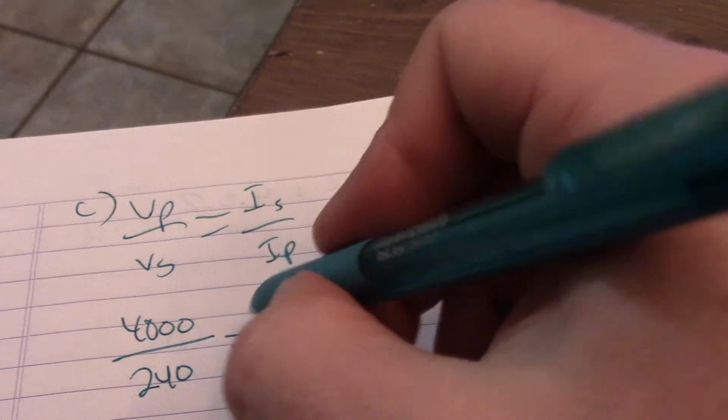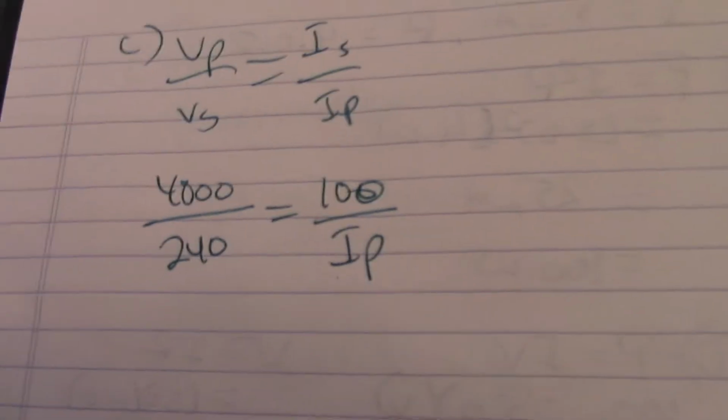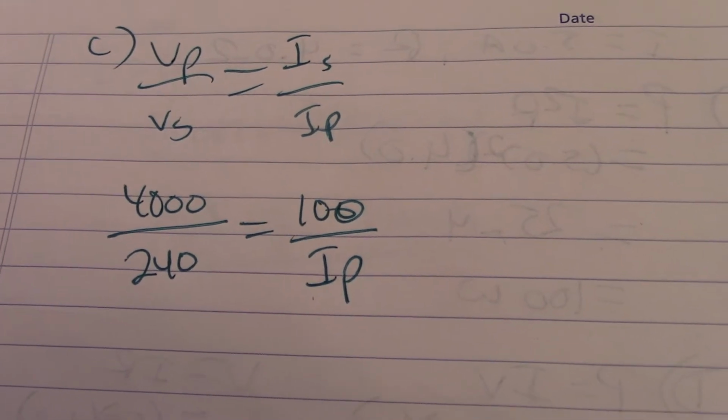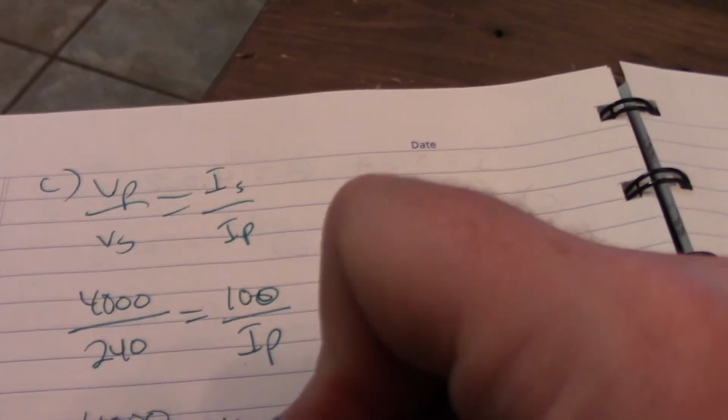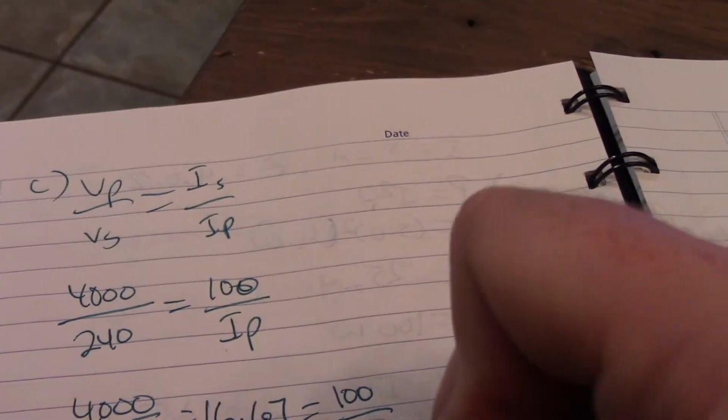And my primary current is what I'm trying to find. Okay, so let's do a little math here. Again, 4,000 divided by 240, that's 16.67. That equals 100 over my primary current.